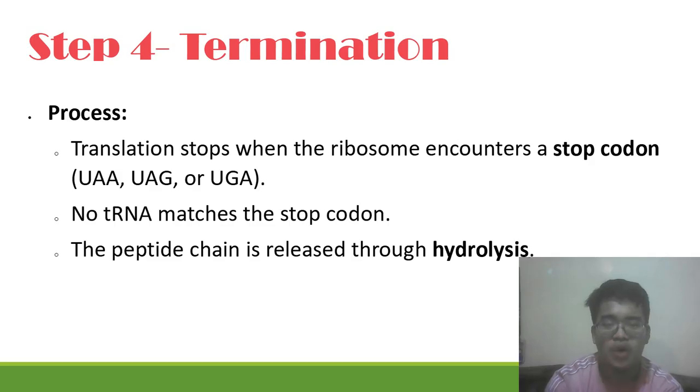Again, the three stop codons are UAA, UAG, and UGA. When a stop codon appears in the mRNA, the process is terminated. No tRNA has an anticodon that can base pair with these stop codons. The polypeptide is then cleaved from the tRNA through hydrolysis.